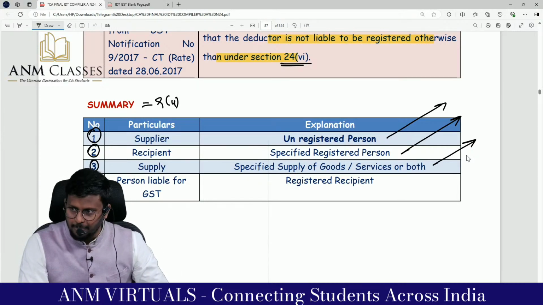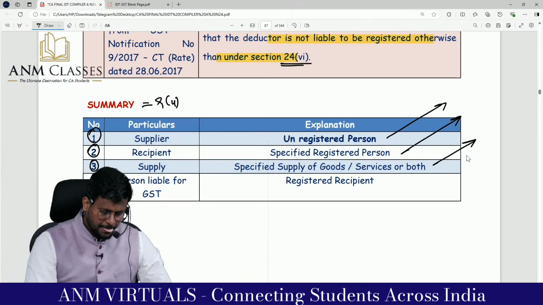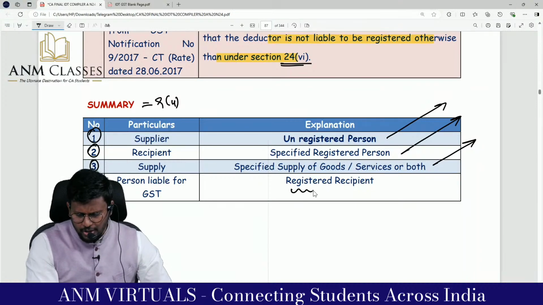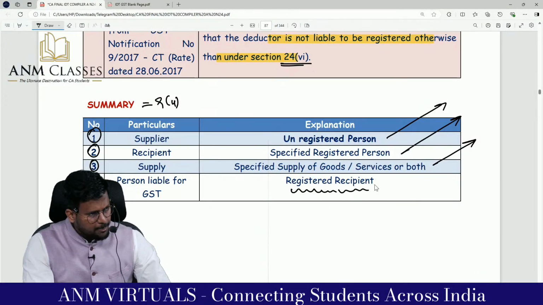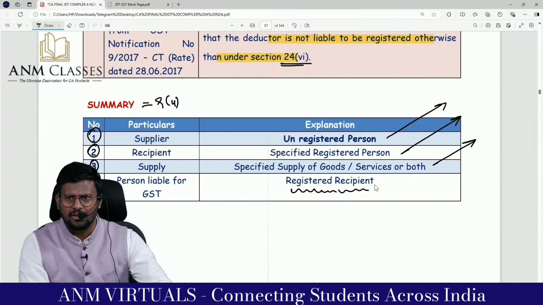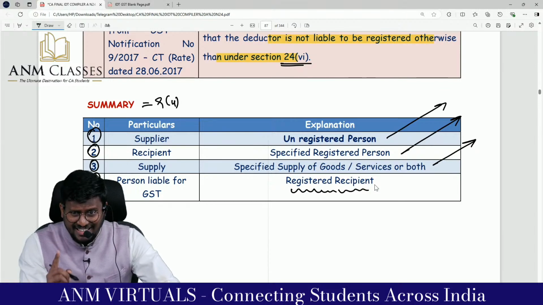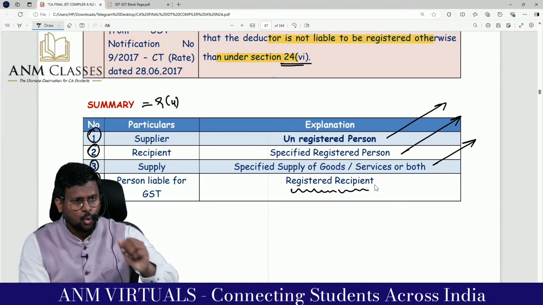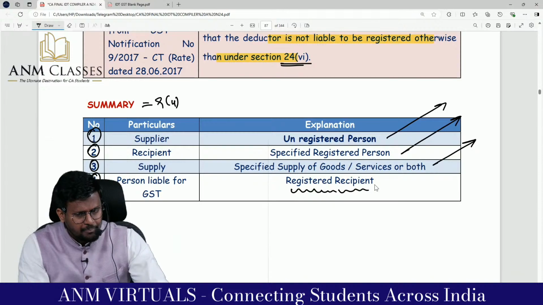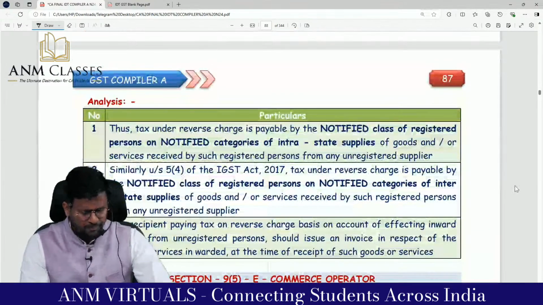Then the person liable to pay GST is the registered recipient situated in the taxable territory, correct? Yes, sir. But if that person has taken registration solely for the purpose of deducting TDS under section 51, it is wholly exempt under section 11, my dear lovable students. Shall I proceed? Yes, sir.